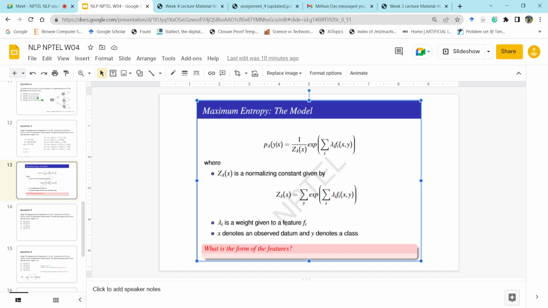What it essentially means is that we will calculate some value of this function for T1, let's say, then we'll calculate it for T2, and then we'll take 1 by T1 plus T2. So this is what it is telling. For each y that is there, so T1 and T2, you have to calculate the summation of this term, that is exp of summation of lambda i f i of x comma y.